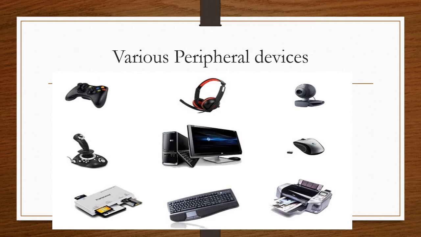That is the computer network definition. So there we have studied peripheral devices. Devices that are attached to a computer are known as peripheral devices. Here some of the listed devices are called peripheral devices.